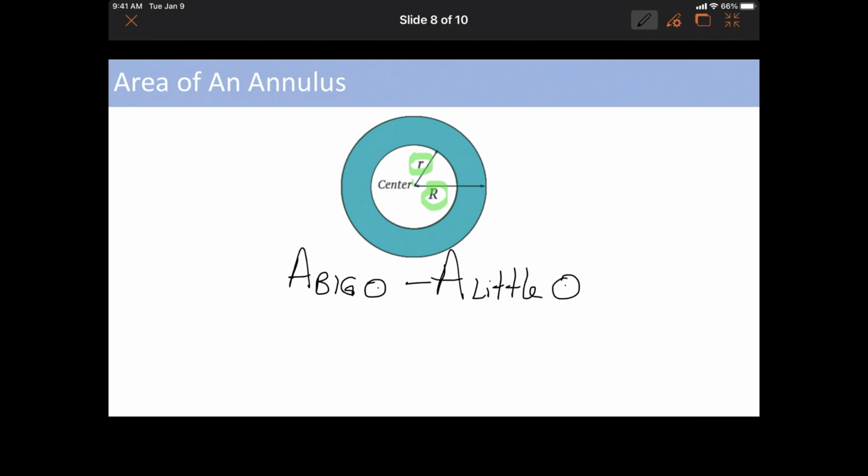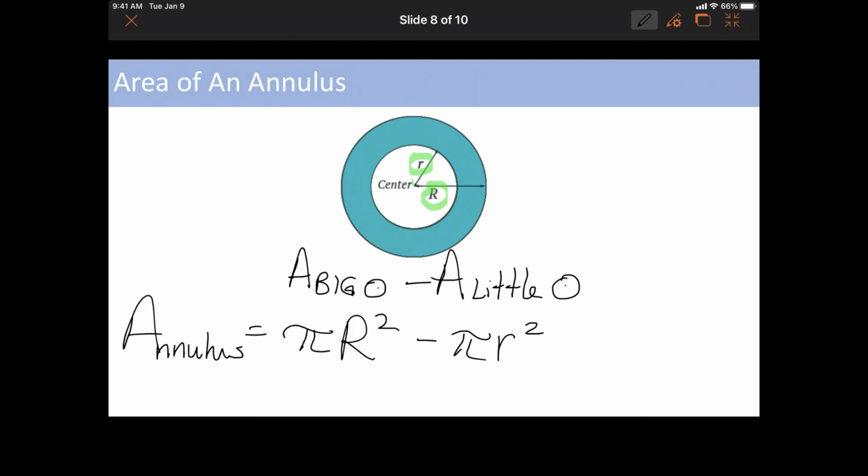So using capital and lowercase r, this is the area of an annulus: pi R squared minus pi r squared. That should make sense, right? Area of a circle minus area of the circle. And then we distinguish which one by capital and lowercase.